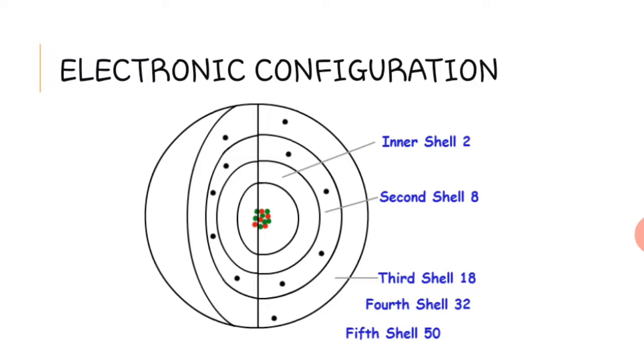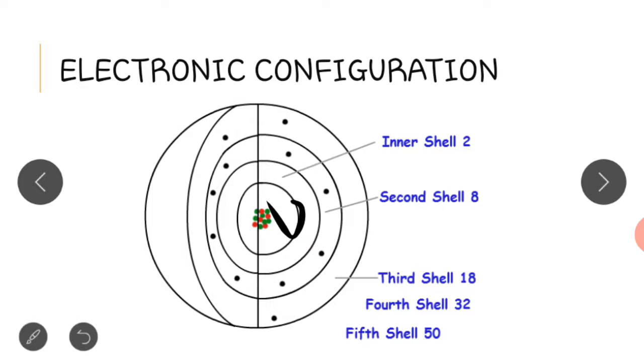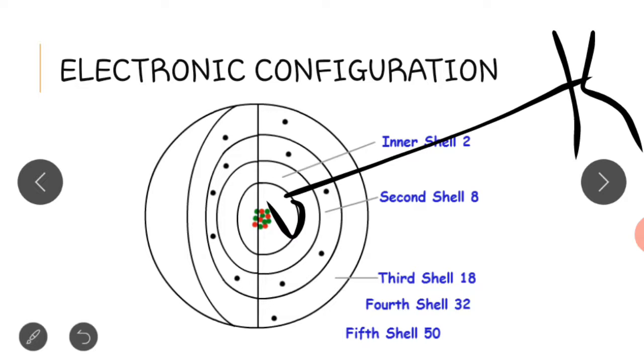Scientists say that the energy level which is near the nucleus is the inner shell, the first shell, and this shell is known as the K shell.